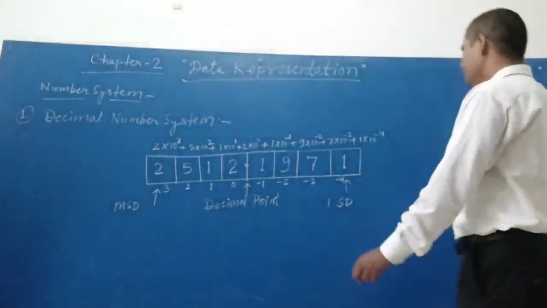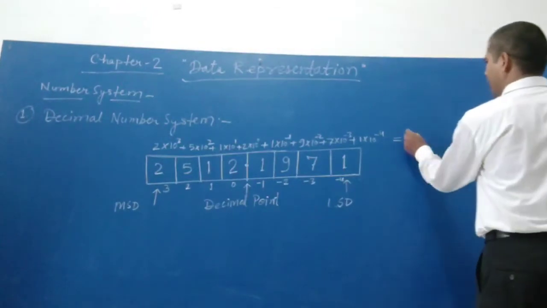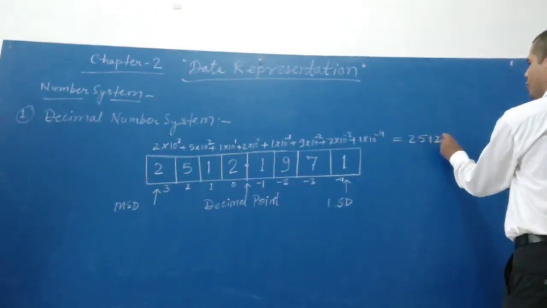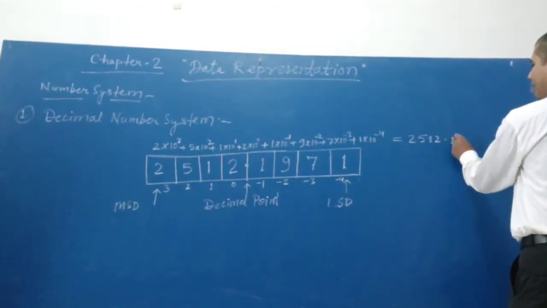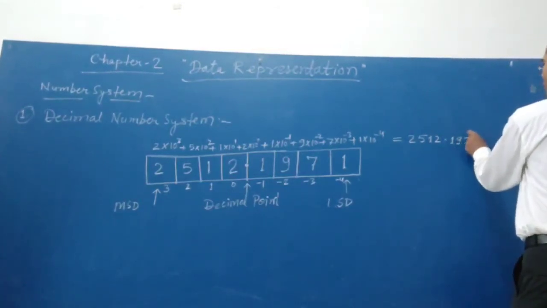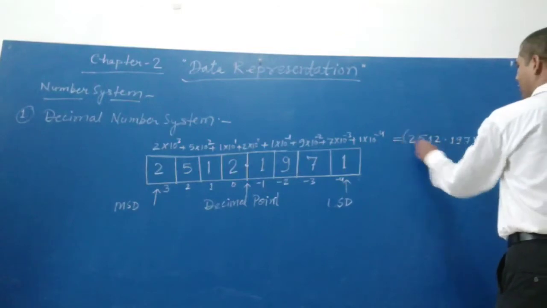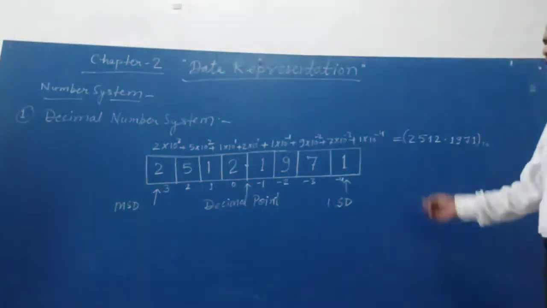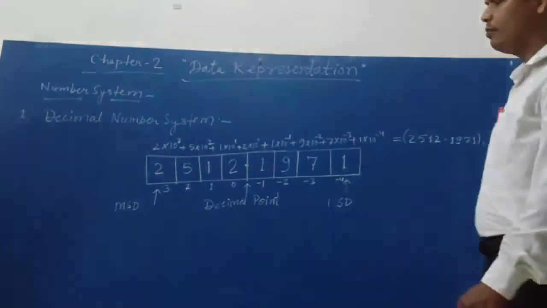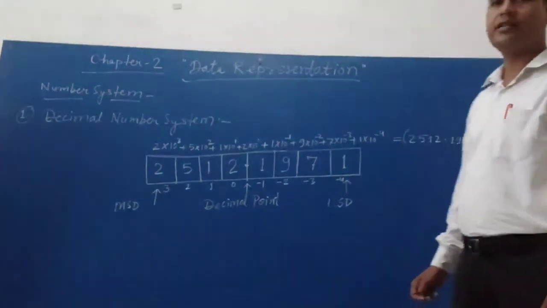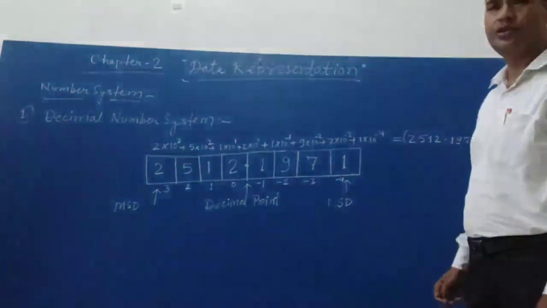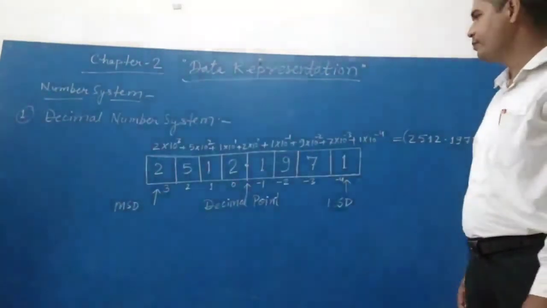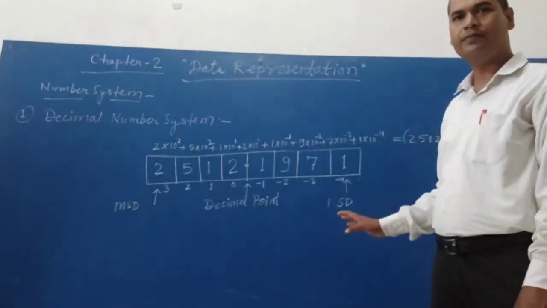The result will be 2512.1971, and the base is 10. So this is the decimal number system, and it has a positional value system which is represented this way. So you understand better.